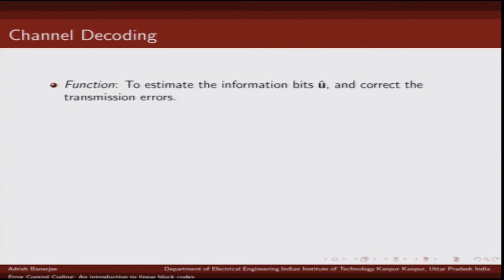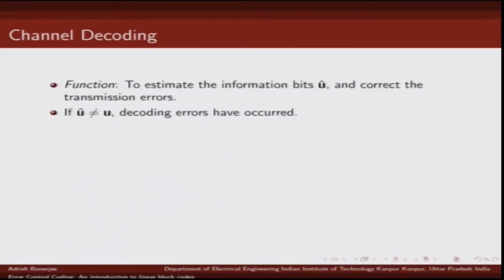So, after demodulation we have channel decoding. As I said, the channel decoder's objective is to estimate the transmitted information sequence from the received coded sequence, and also to correct any errors caused by transmission. So, when do we say an error has occurred?